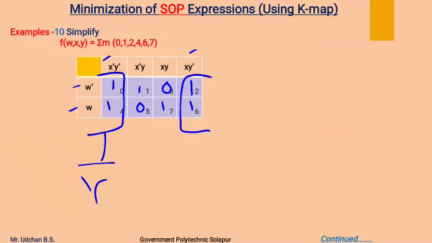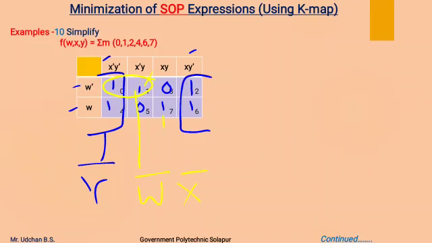After this one and this one not involved anywhere, so we can form a pair for this, and the equation for this pair will be w bar and x bar.